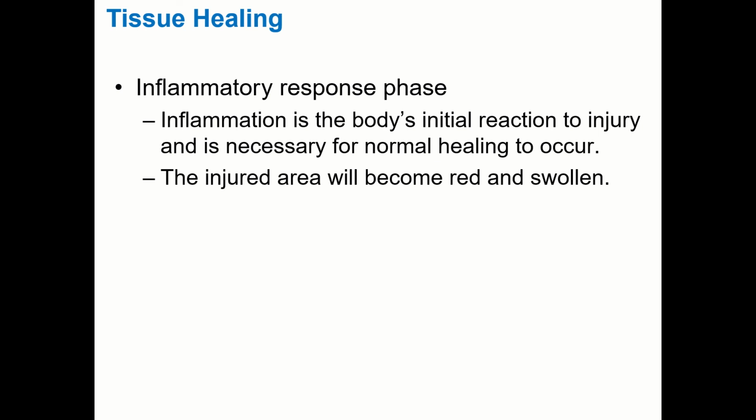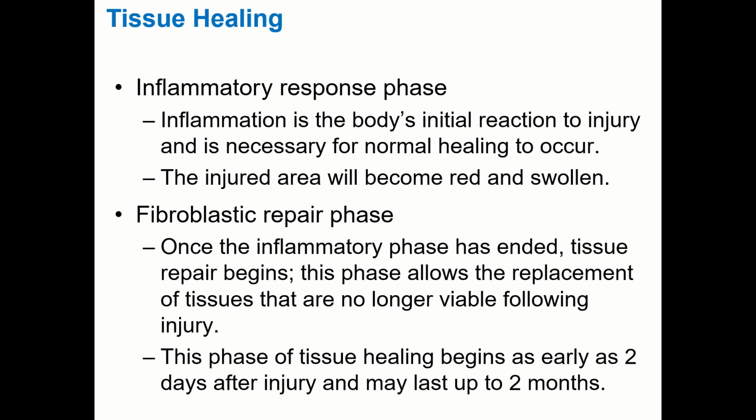With that swelling we get pain, because you get mechanical impingement of the free nerve endings. Some of those inflammatory mediators, things like histamine, sensitize the free nerve endings, which are your pain nerves, so they're extra sensitive, plus they have mechanical pressure on them. The redness is related to some of those inflammatory mediators as well. So during that inflammatory response phase, you have swelling and pain, and the athlete is not going to want to move the injured area.